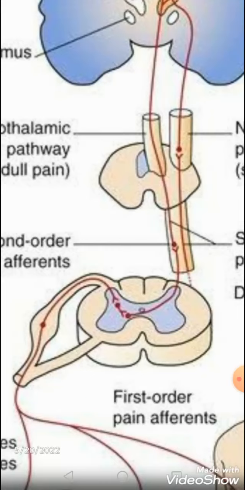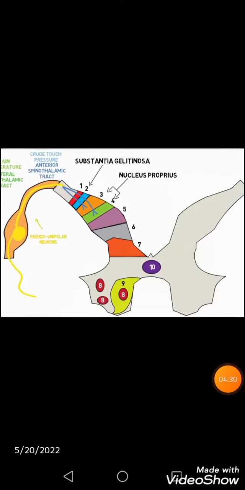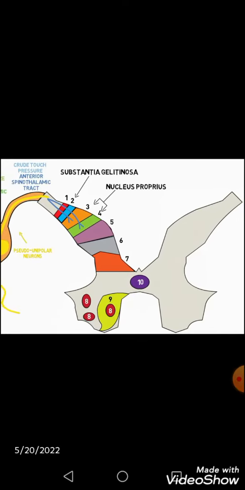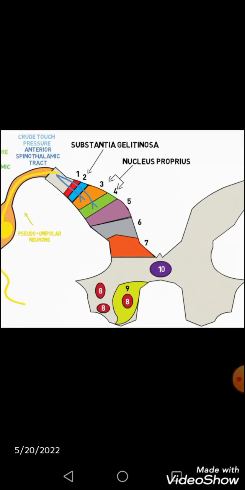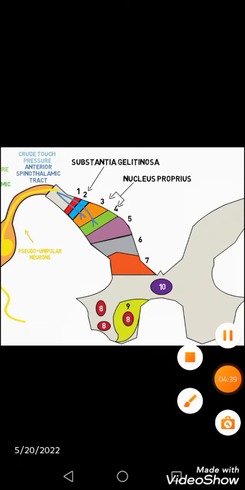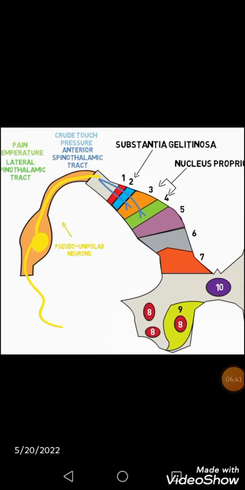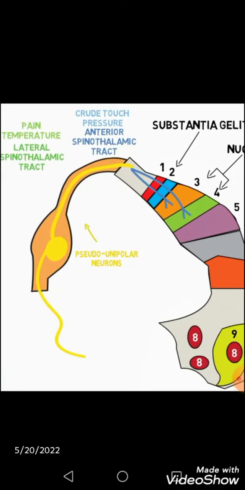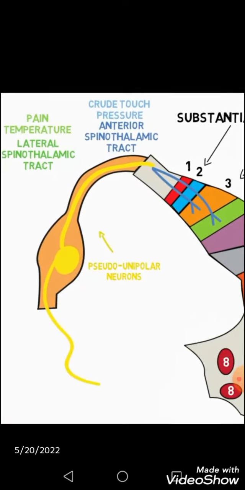And here we have to just memorize the laminae of Rexed, so we have to move towards another picture. Yeah, this is the cut section of the gray matter of the spinal cord, and you can see the lamination here. Concentrate that we are in the dorsal root ganglion where pseudo-unipolar neurons are resting.